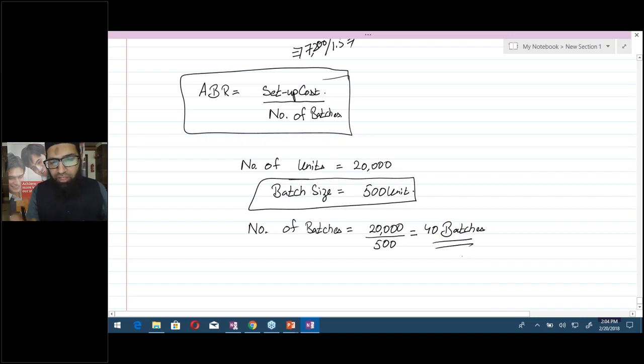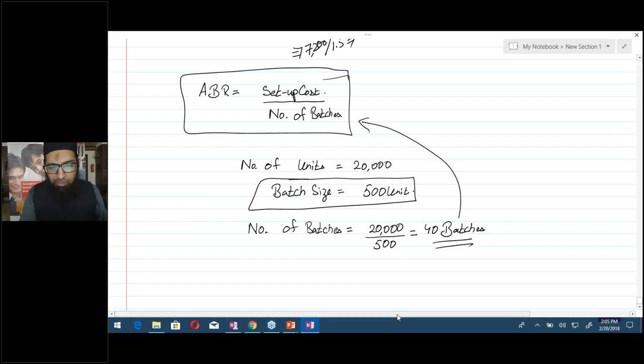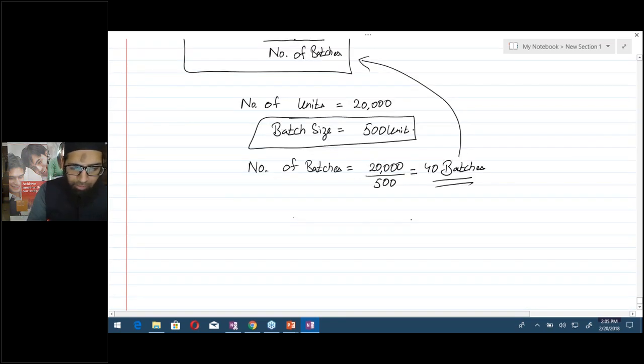So first we have to calculate this, and then we have to calculate the ABR. You might be confused sometimes about why 500 has been multiplied. The reason is, if I portray the formula like this, activity cost divided by the number of batches, and the number of batches is number of units further divided by the batch size.